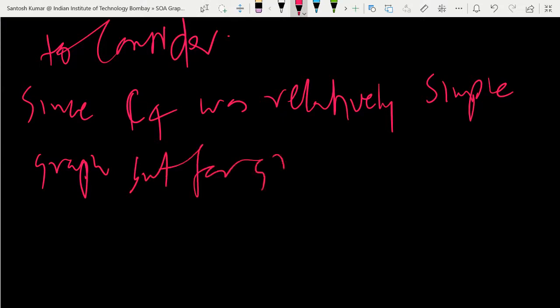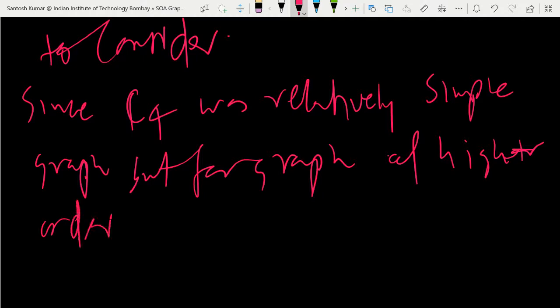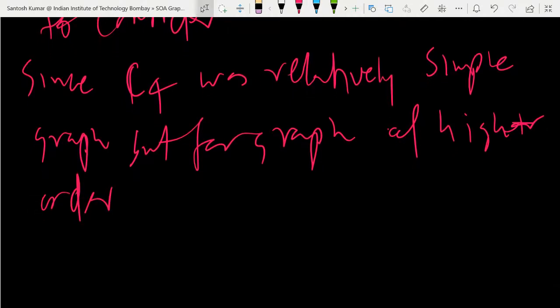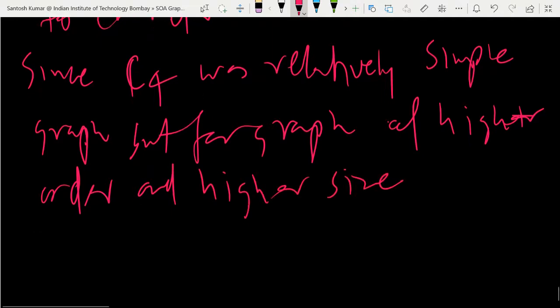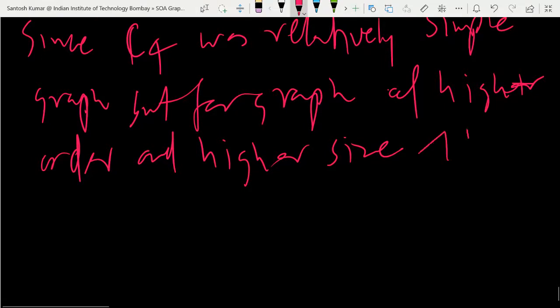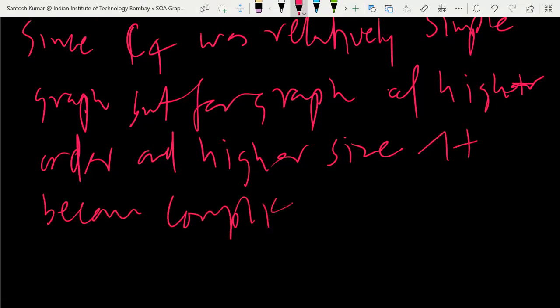But for graphs of higher order and higher size, it becomes complicated.